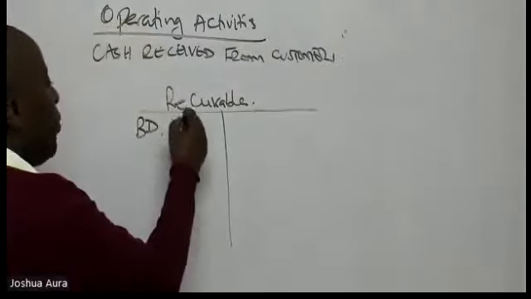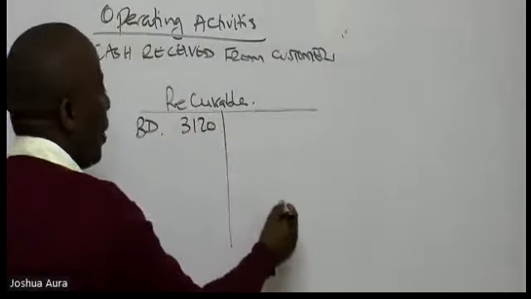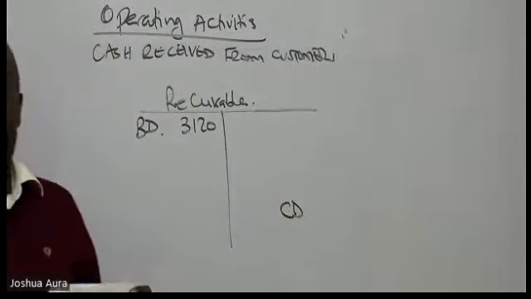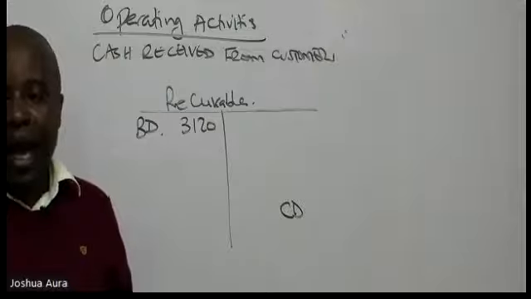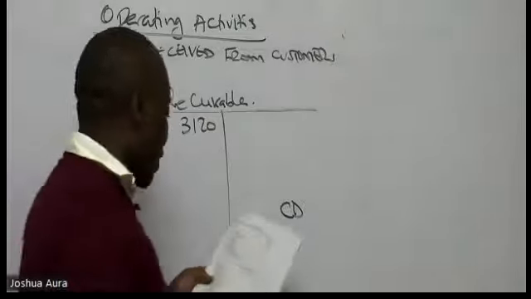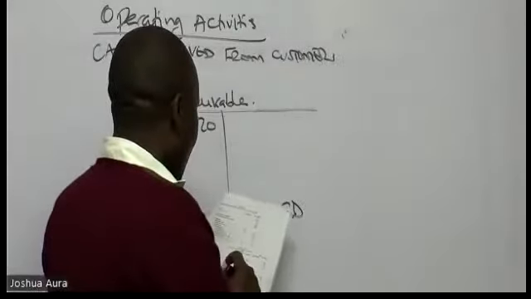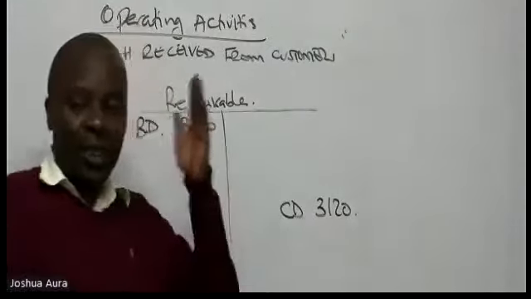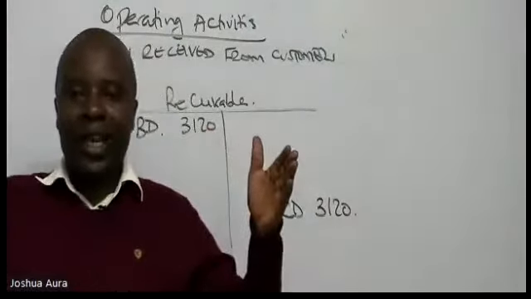So we have here 3120. How about the balance carried down? Again, 3120. You guys are bright. So we have here 3124. Yes, both of them. So we have receivables at the beginning, receivables at the end.